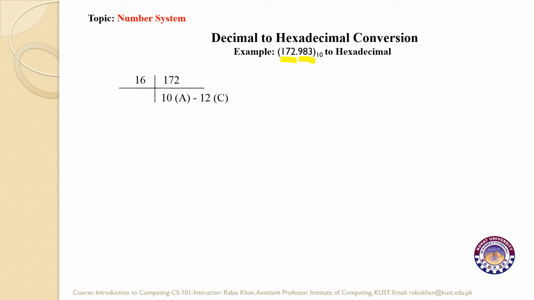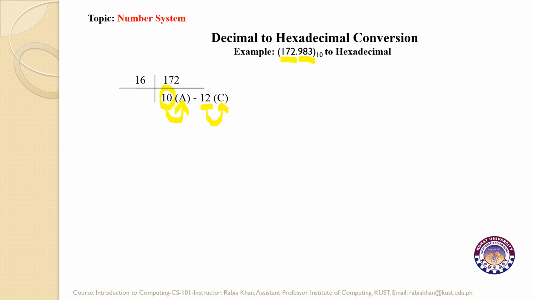Here the quotient 10 is within the range of the hexadecimal base, and it cannot be divided further by 16. Since 10 is not a valid digit in the hexadecimal number system, we write its representative symbol, which is capital A. The remainder is 12, and the representation for 12 is capital C. So AC is the result for the integer part.